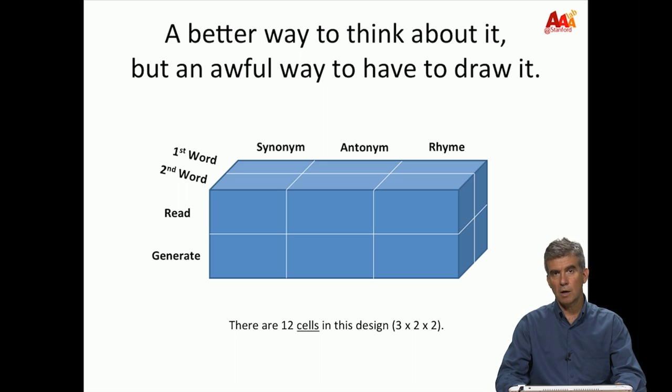The cells are very specific. So this cell is, you're in the rhyme condition, you have to generate, and we're looking at memory for the second word, not the first. This cell back here is where we're in the rhyme condition, you read the second word, and we want to see your memory for the first word. So there's 12 of those altogether.